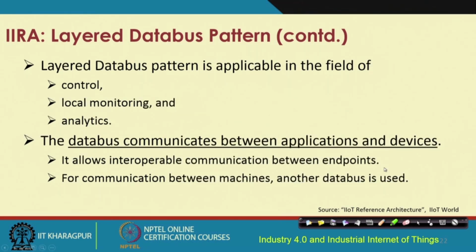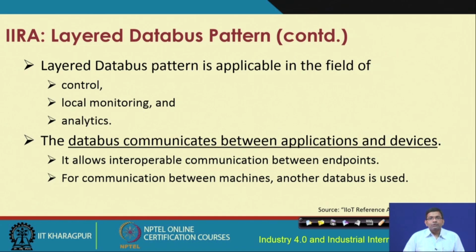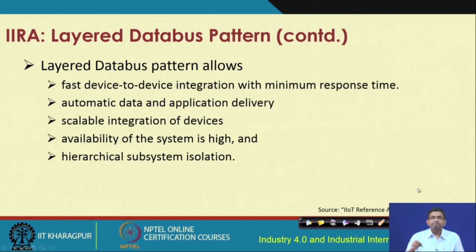Then you have the layered databus pattern which is applicable in the field of control, local monitoring and analytics, and the databus basically communicates between the applications and devices. So, this communication is enabled with the help of the databus. This communication will essentially help in allowing interoperable communication between different endpoints, between different machines, etc.